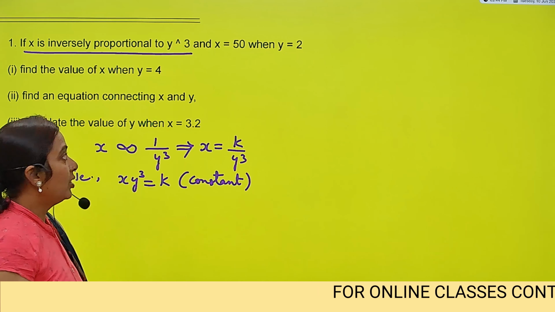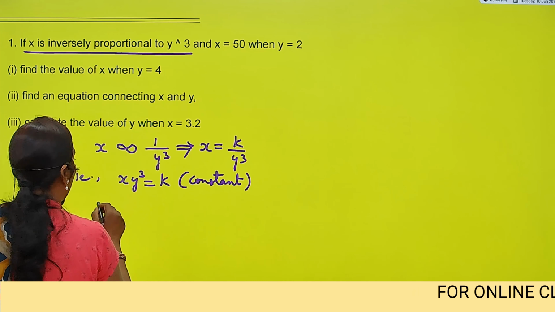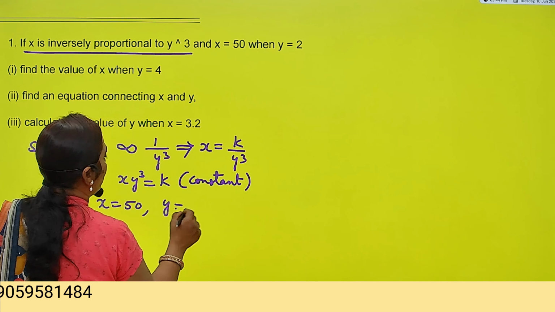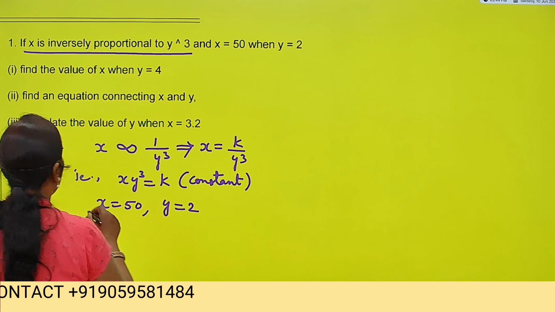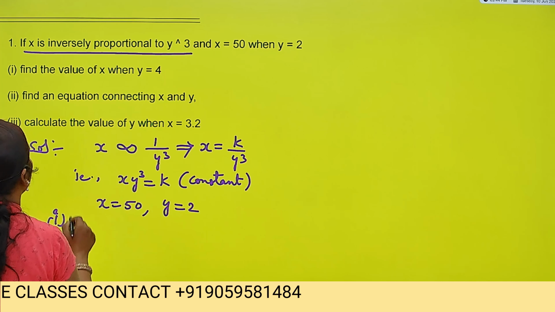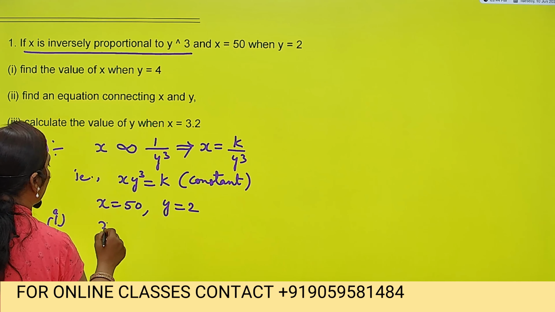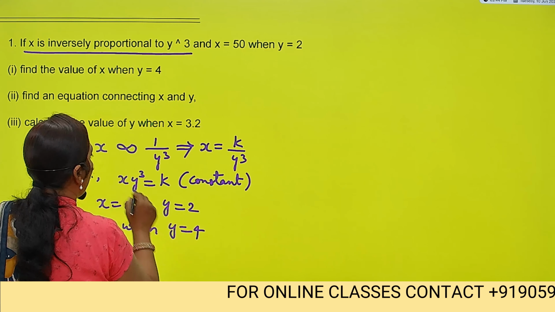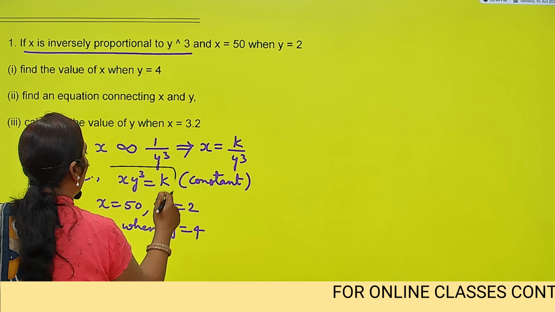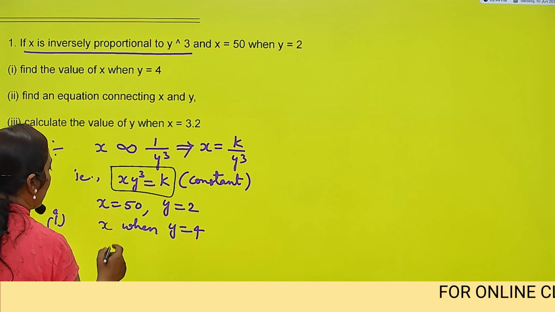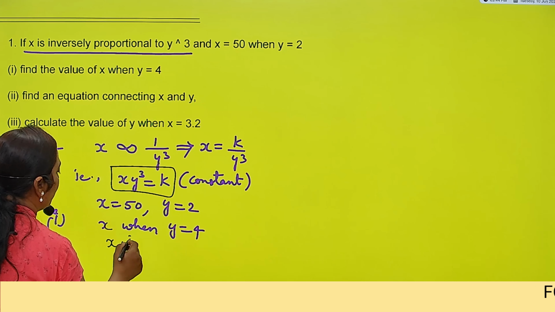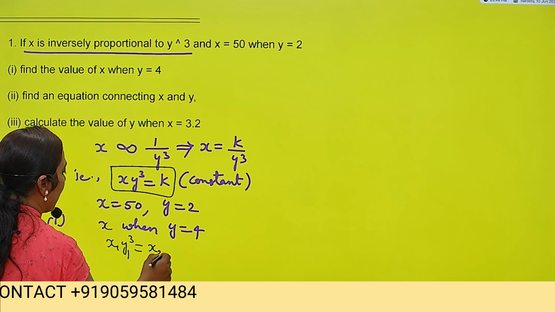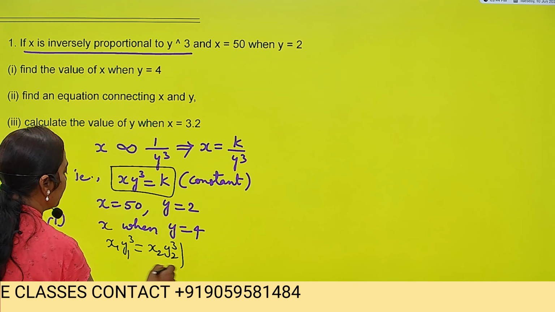That is the logic. Here they have given x equal to 50 and y equal to 2. The first case, find the value of x when y equal to 4. From this relation, how to write here? x1 y1 cube equals x2 y2 cube.